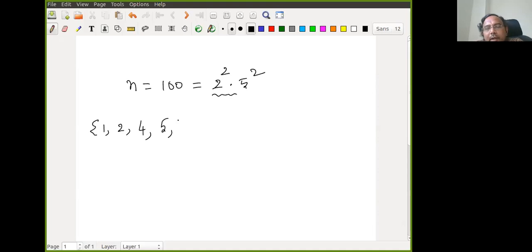Are you able to see what I'm writing? Yes, sir. Okay, so I'm writing factors only. Can you tell me the next factor? 25. 10 has come, but 10 does not divide 100. What is the next factor? 20. Next factor?